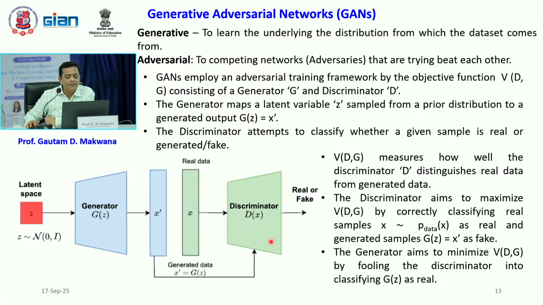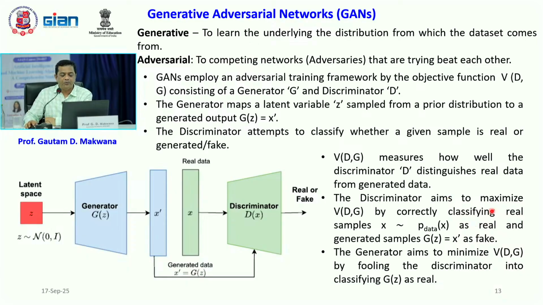So here the discriminator compares whether the generated sample is real or fake. V of D comma G measures how well the discriminator D distinguishes the real data from the generated data.